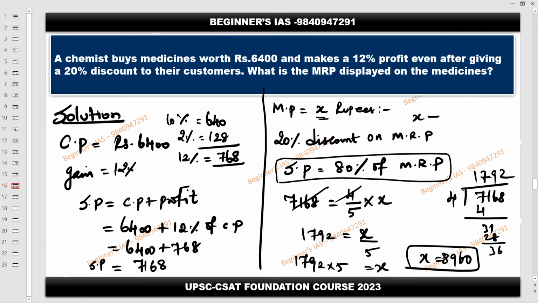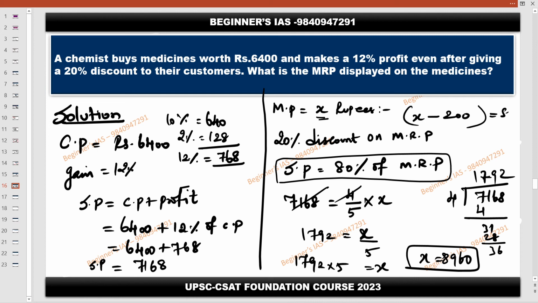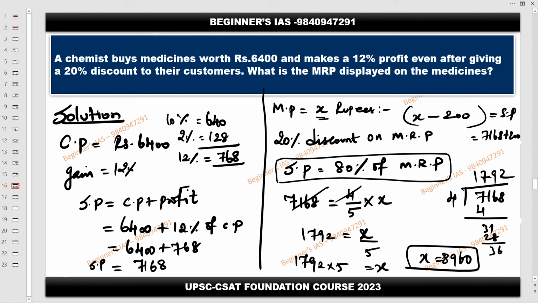For example, 200 rupees discount with respect to the MRP means X minus 200 rupees is going to be the selling price. If I know the selling price is 1768, then obviously the market price is nothing but 1768 plus 200. Clear? Yes, sir. Thank you so much.